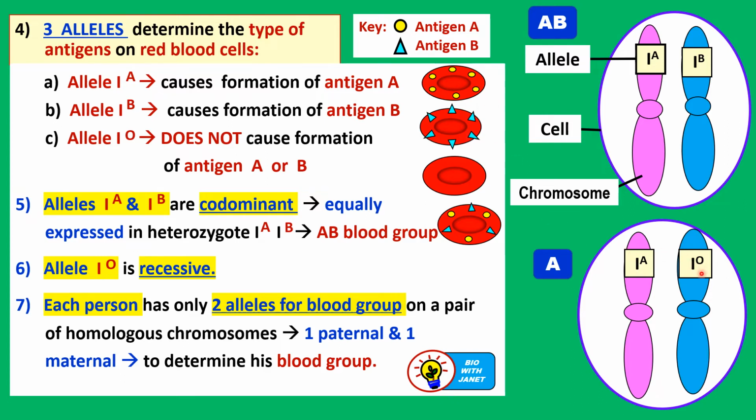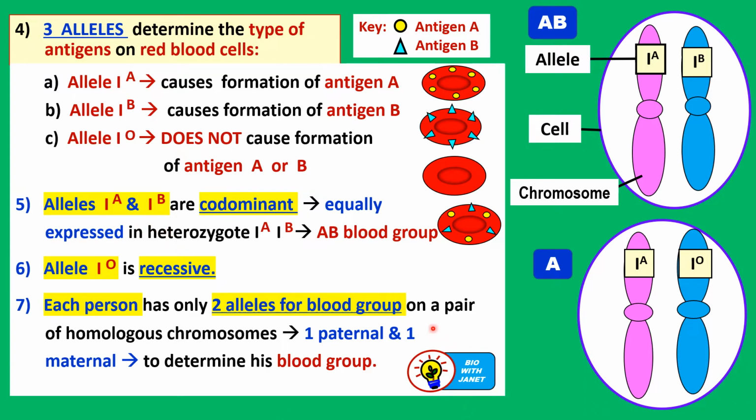And IO cannot express its trait in the presence of IA. So overall, the person will be able to produce the antigen A, and he will be classified as having blood group A, okay? Even though he has one IO allele. So IO allele is recessive, or it's so-called the weaker allele, and it cannot express its trait in the presence of alleles IA or IB.